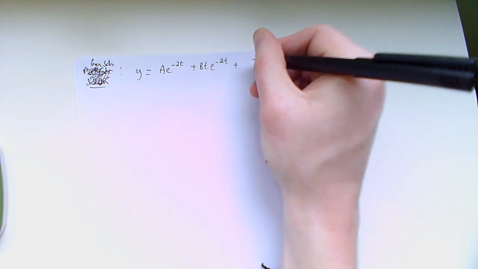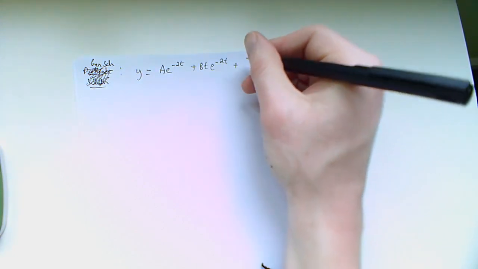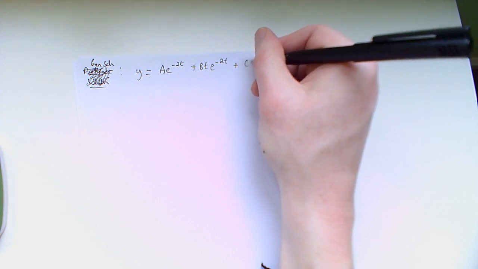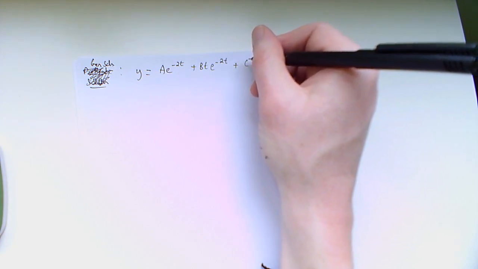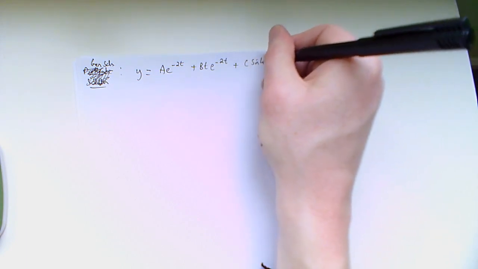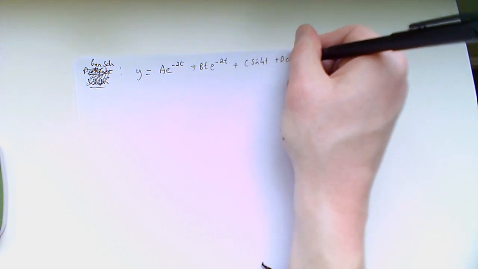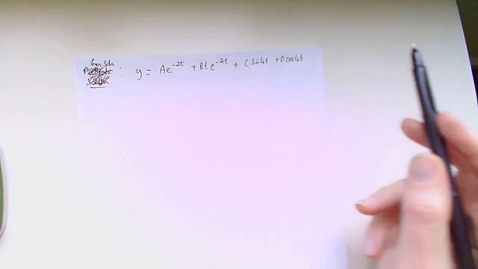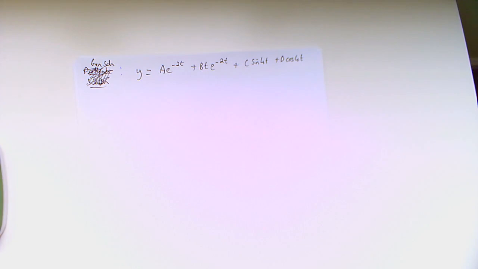Plus, the formula that I'd chosen as my trial function was c sin 4t plus d cos 4t. But I've worked out that c and d are 3 and 4, so I'm just going to put that in.